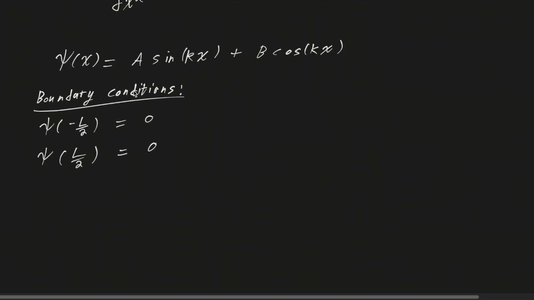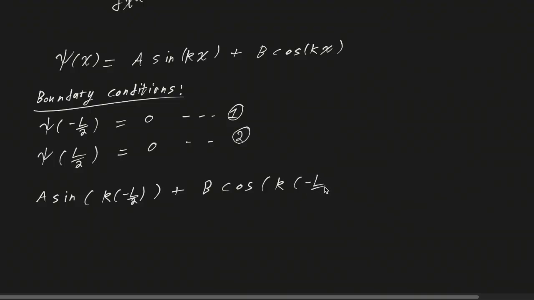So we'll have, substituting these two equations up here, we will get a sine, so this is the first equation, and this is the second one. We get, in the first one, a sine k minus L over 2 plus b cosine k minus L over 2 must equal 0.